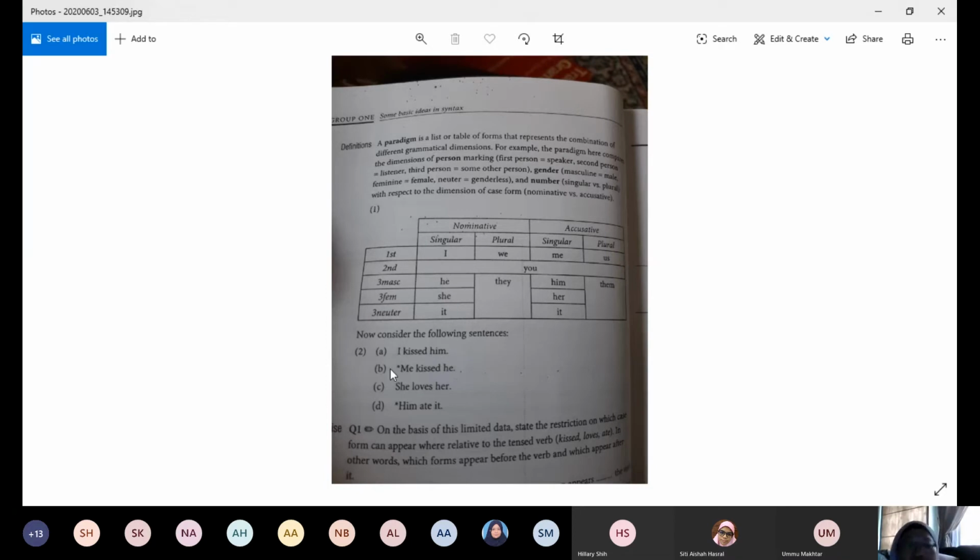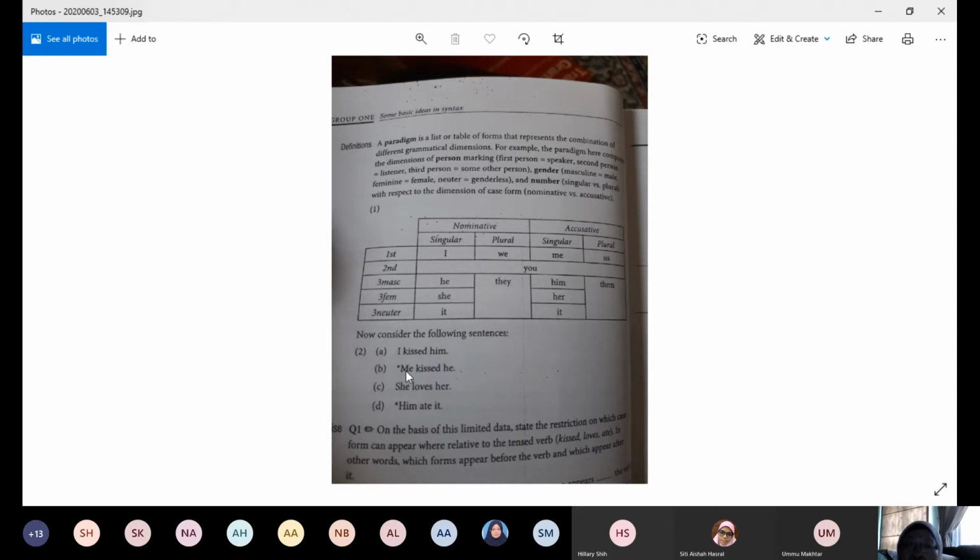Then we look at B, me, kiss, he. And this is marked as ungrammatical. So when you see an asterisk there, it's ungrammatical. Me, if you look at the table, is supposed to be a first person singular accusative. Accusative means object, as we said just now. But now it is in the subject position, which is nominative.